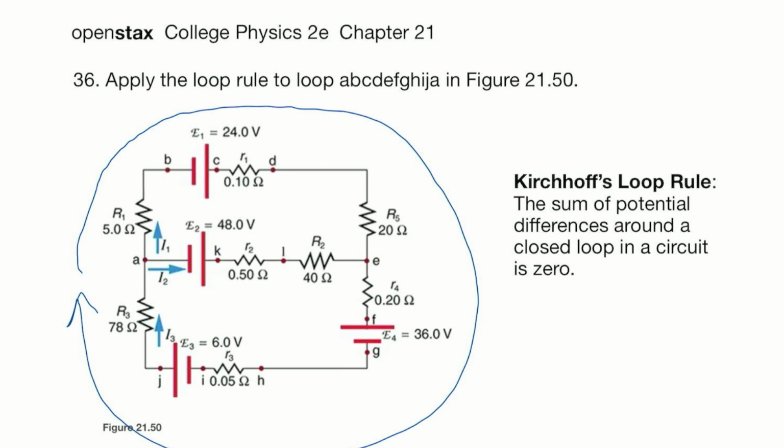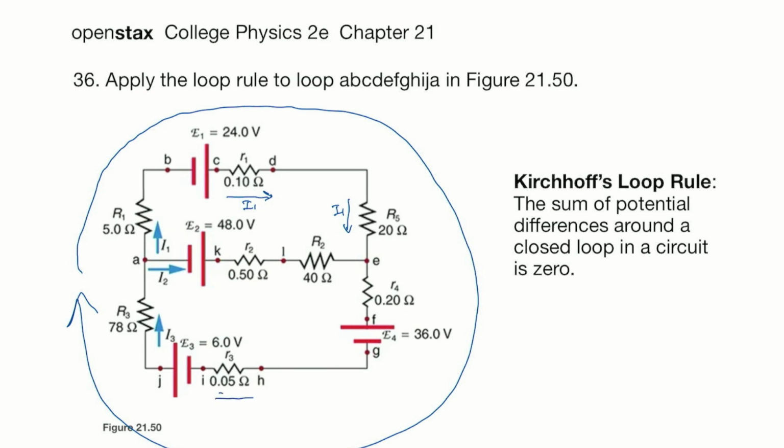All right, so the first thing we can do is take a look at the currents. And since current I1 is going from A to B, it's going to keep going around clockwise in that top portion of the loop. So we can draw an I1 there and an I1 there. Same thing with current I3. It's going up in the left branch.